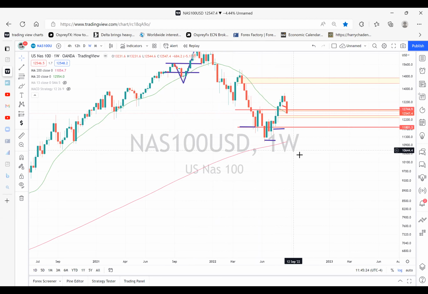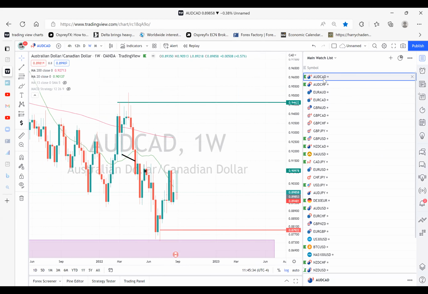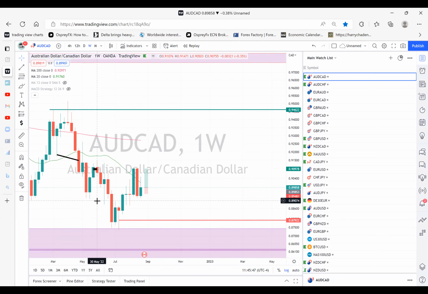Let's look at this trade right here, AUD CAD. Oil is getting stronger.